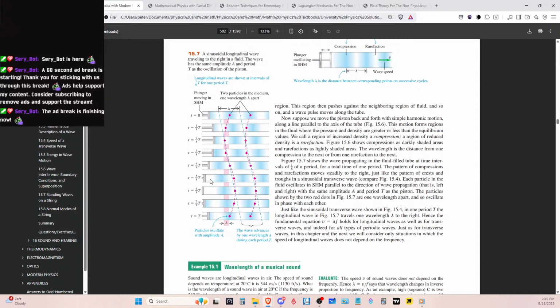When it goes all the way back, it swings back to this side.